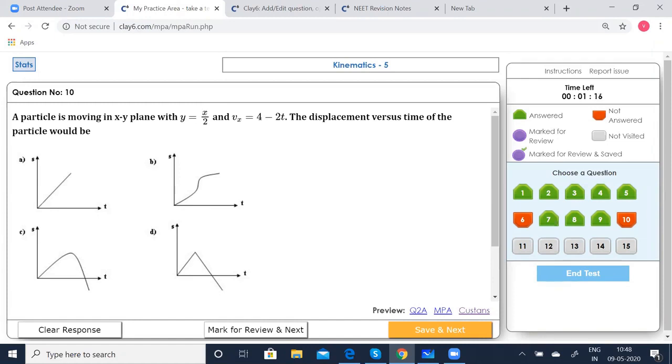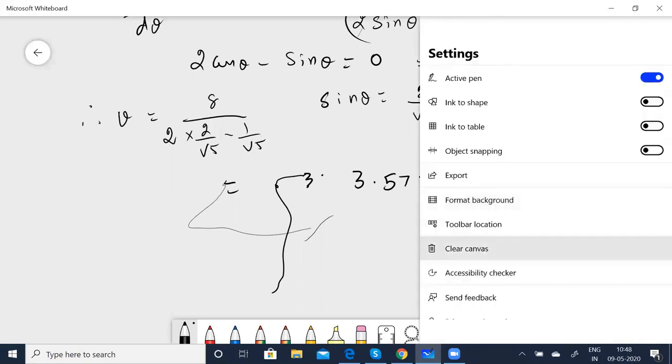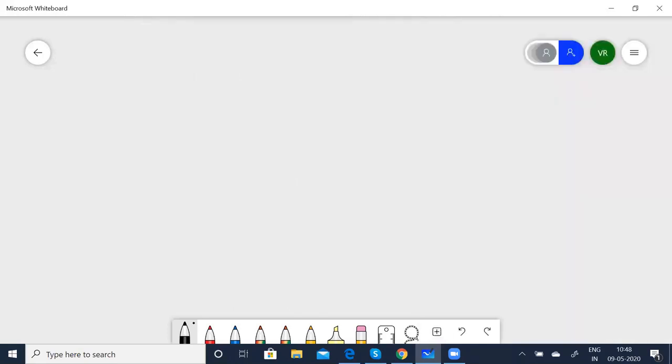Let me do it here so that you understand it better. So dx by dt is given as 4 minus 2t, or I can write it as dx is equal to (4 minus 2t) dt.